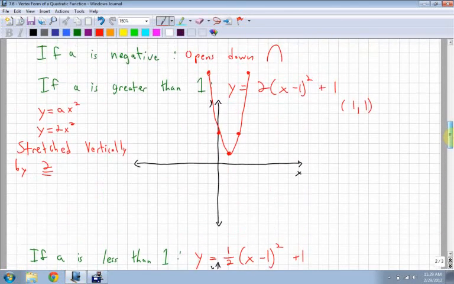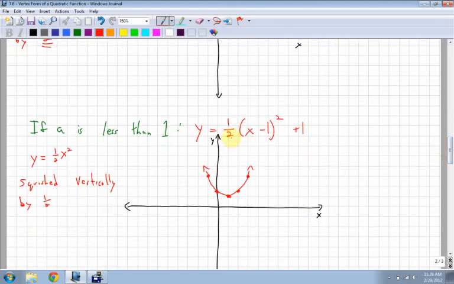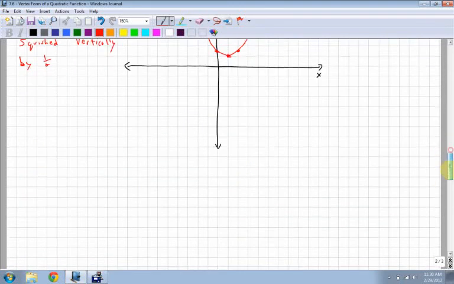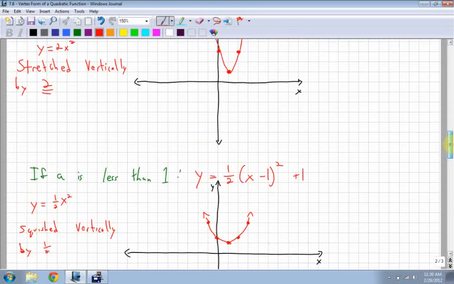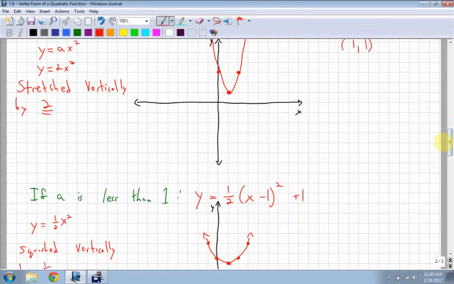It either gets stretched if the value is bigger than 1, or if the value is less than 1, like a fraction, it gets squished. It still opens up because my value is positive. It would open down if my value is negative. And that is how to graph using the a value and also using my vertex and my axis of symmetry.